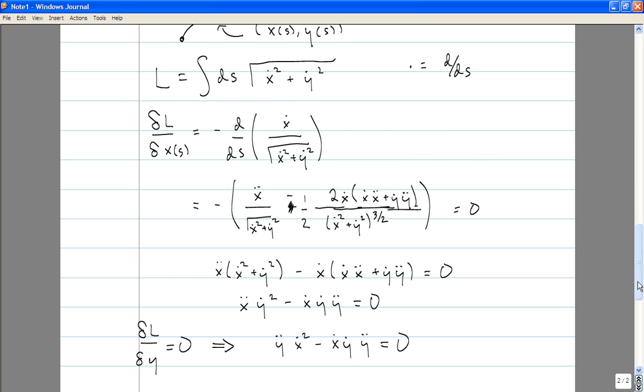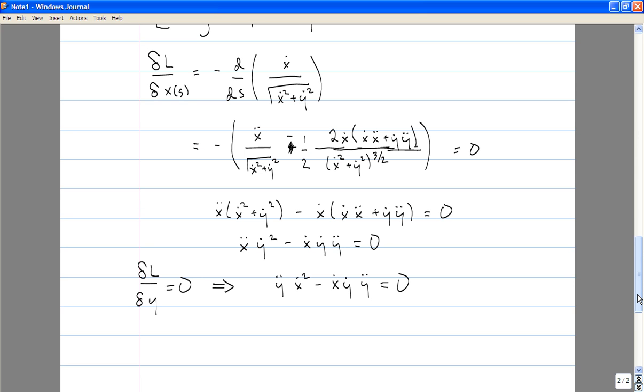So these two equations at first sight look a little complicated, but in fact, if you stare at them for a second, you can see that this first equation can be written as x double dot over x dot is equal to y double dot over y dot. And so can the second equation.